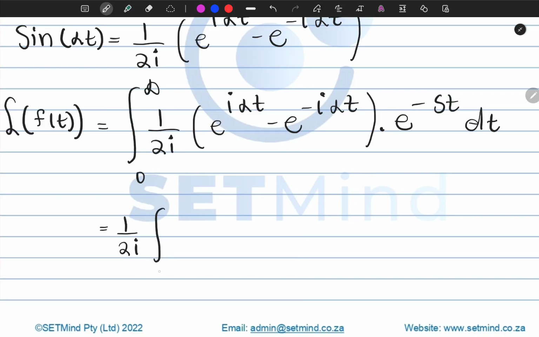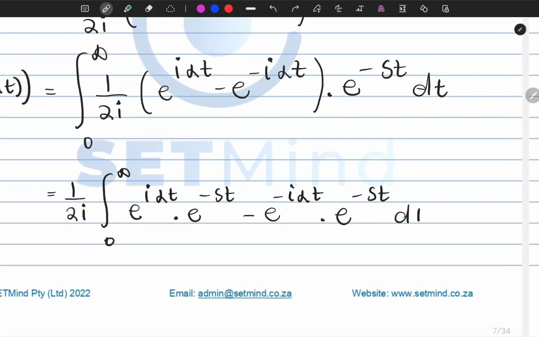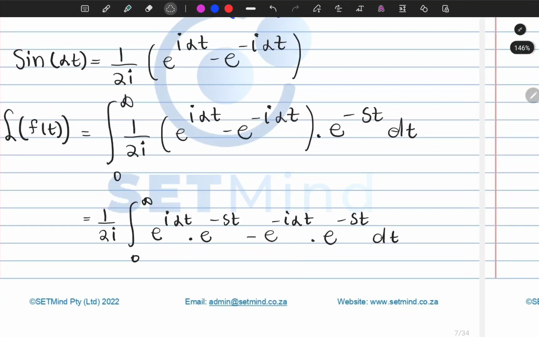Then we'll have from 0 to infinity, e to the i alpha t multiplied by e to the negative st, minus e to the negative i alpha t multiplied by e to the negative st dt. Now all I need to do is go and integrate this.